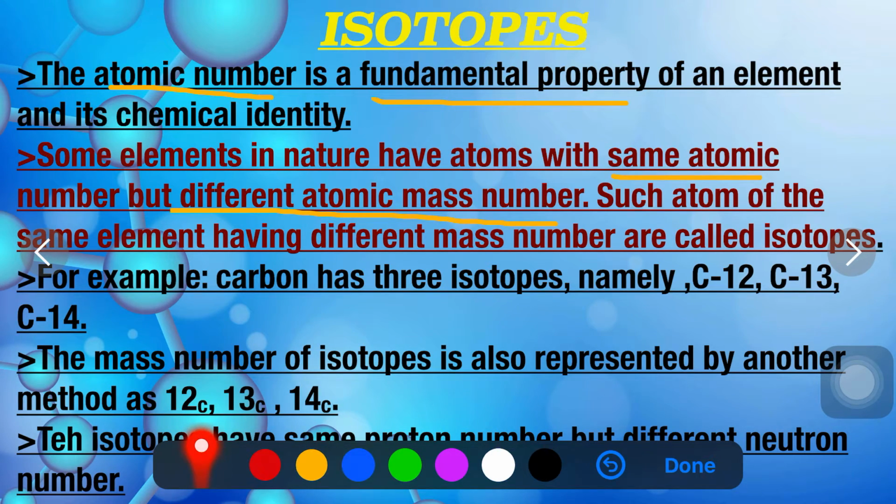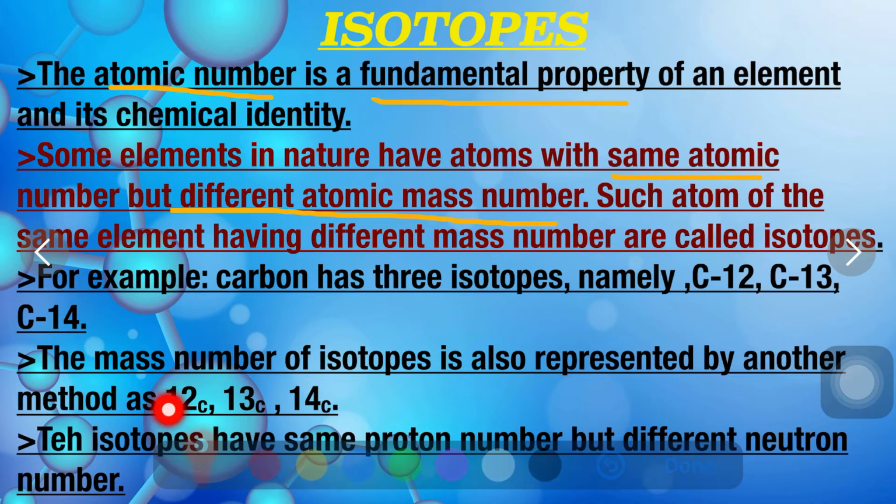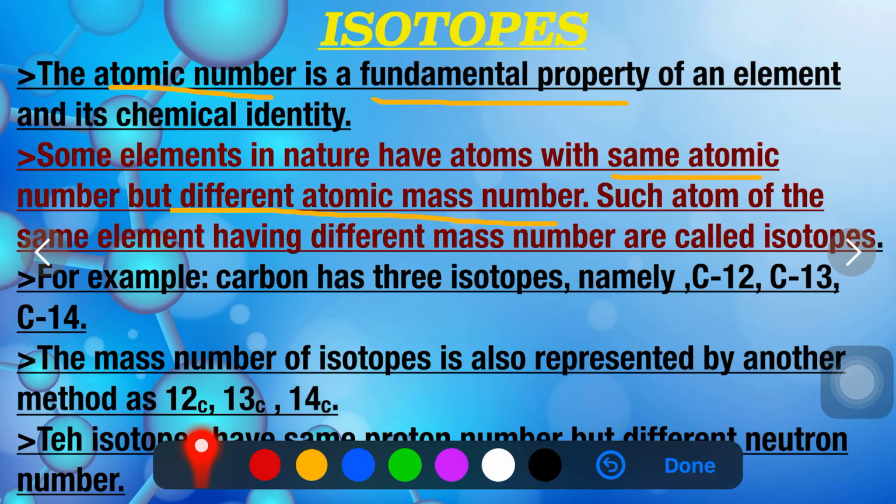For example, carbon has 3 isotopes, namely C12, C13 and C14. The mass number of isotopes is also represented by another method as 12C, 13C and 14C. The isotopes have the same proton number but different neutron number.